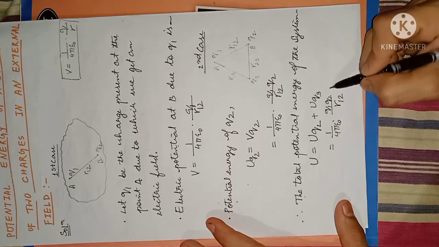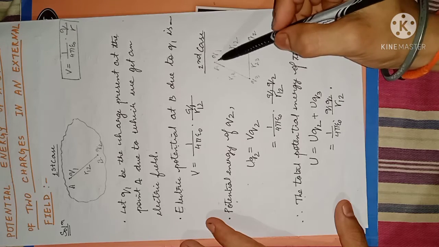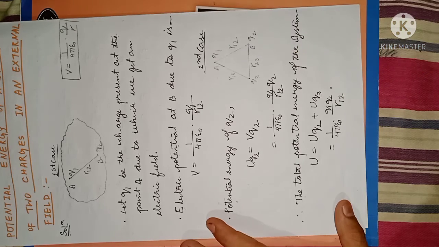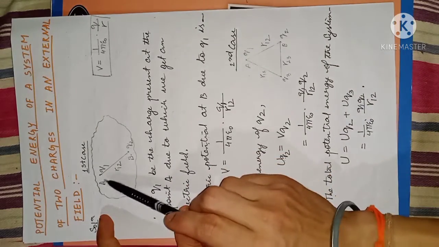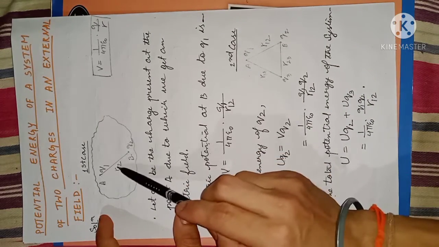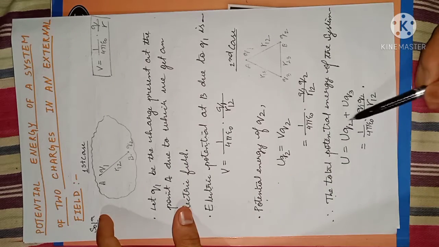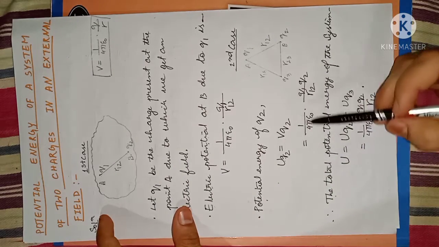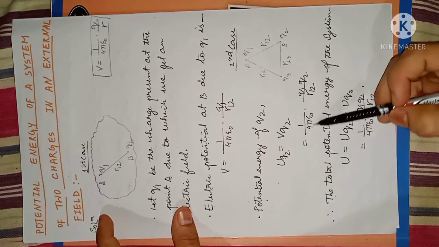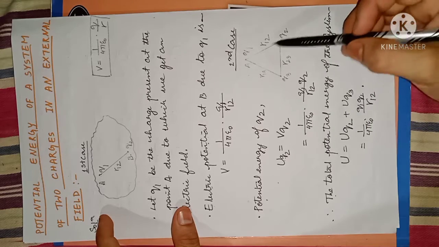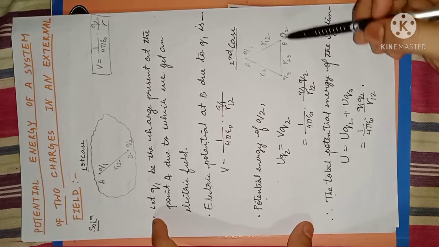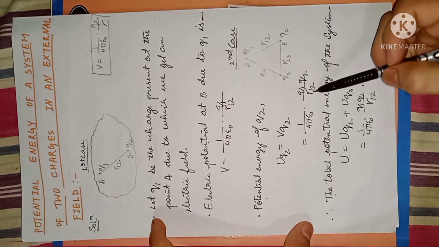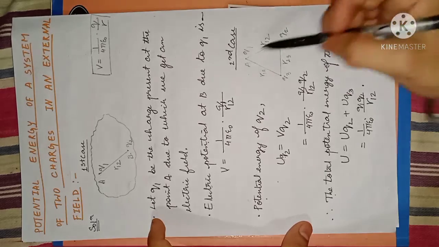Since we know that UQ2, in the first case, we came to know that the distance between Q1 and Q2 is R12. Since we are going to find the potential energy, it is 1 by 4 pi epsilon naught Q1 into Q2 by R12.